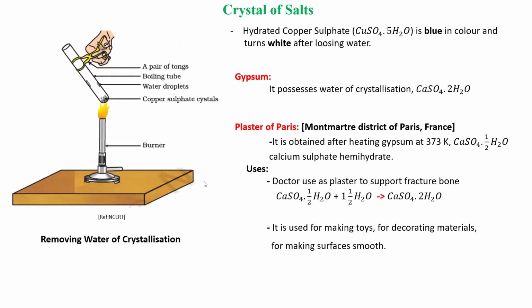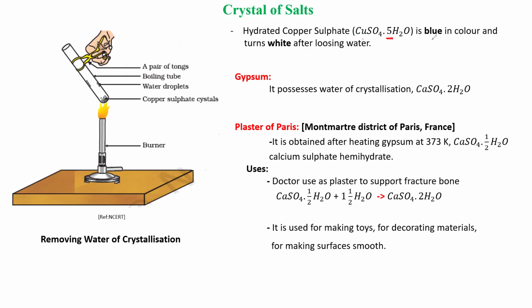Next, we have crystals of salts. These crystals of salts are also very important in daily life. So here we have hydrated copper sulfate, CuSO4, and you are seeing that it has 5 molecules of water, 5H2O.